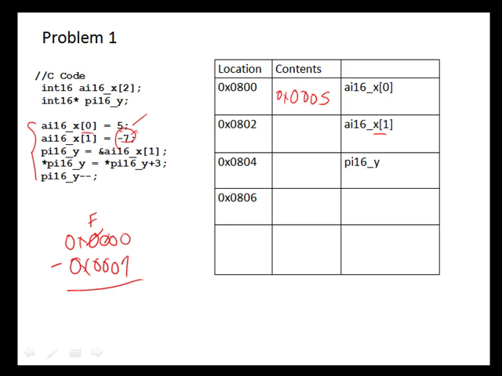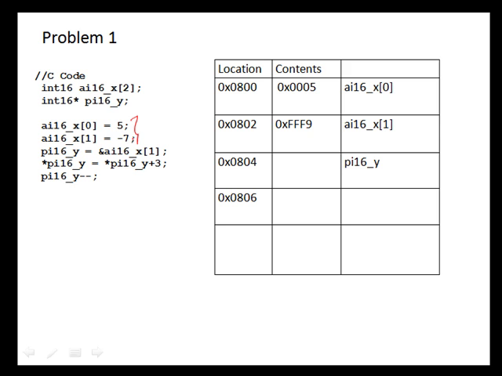That becomes an F. This is 16. 16 minus 7 is going to be 9. So this final value here is going to be FFF9. So at location 802, corresponding to x of 1, is going to be the value FFF9. We now know that after these 2 assignments here, memory contents is going to look like this.